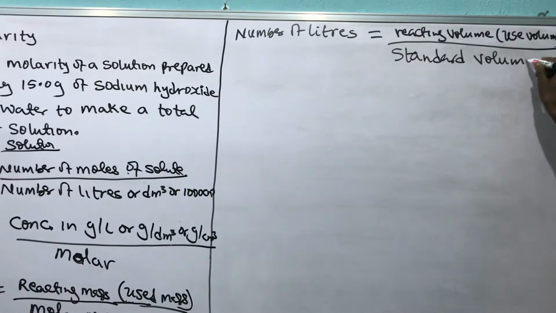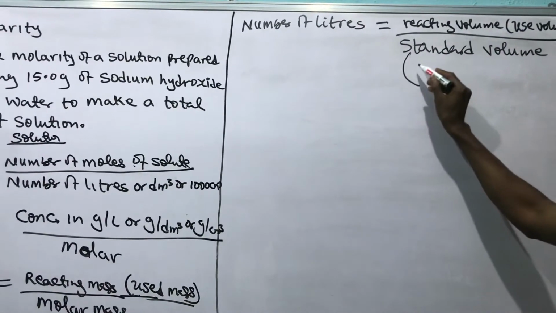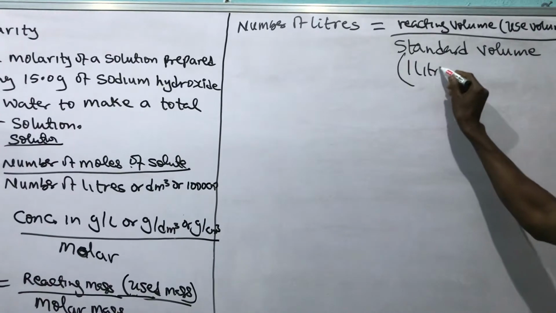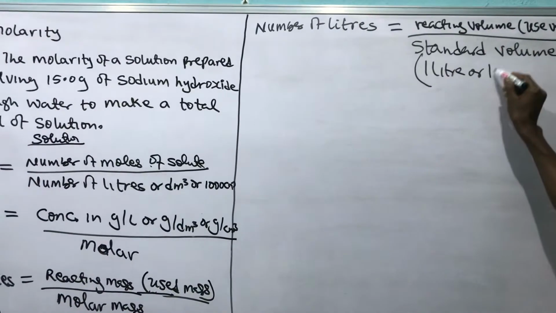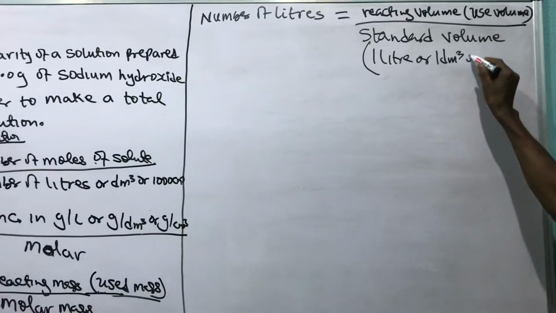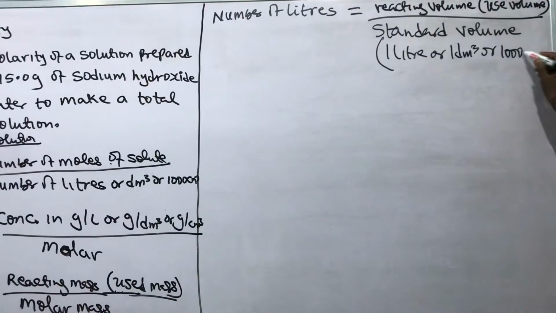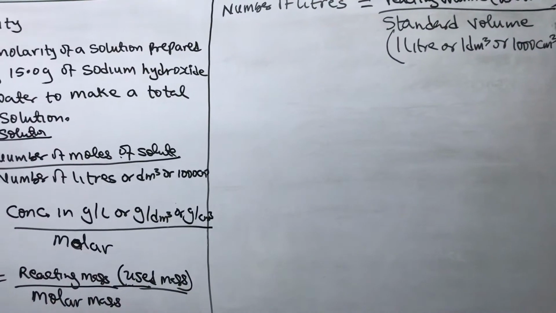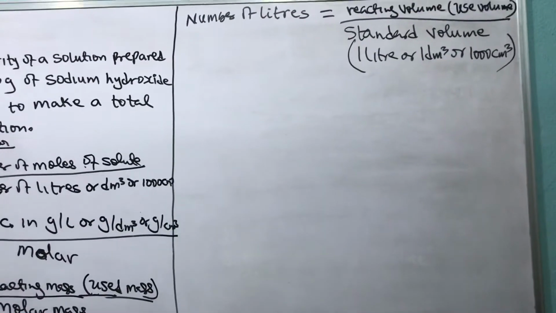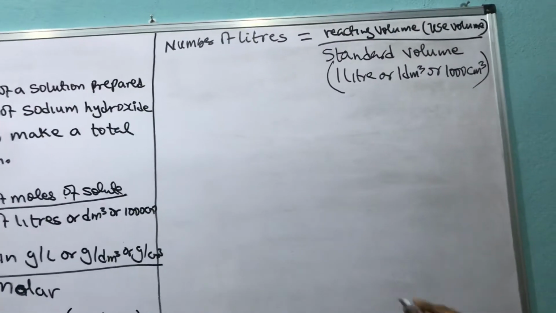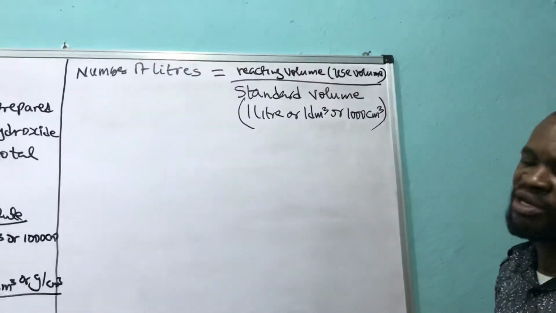What is my standard volume? My standard volume is 1 liter, or 1 dm cubed, or 1000 cm cubed. When you measure this, that is the standard volume in chemistry.